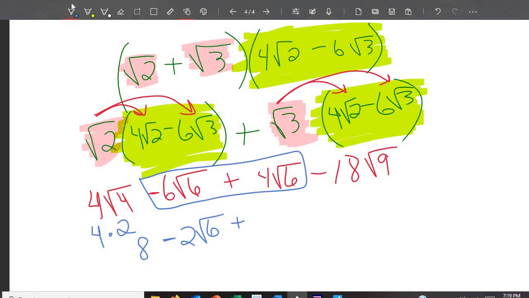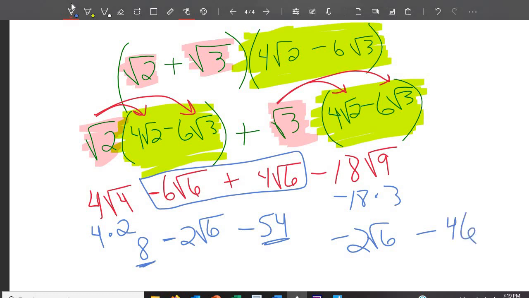This is negative 18 times 3, which is negative 54. Now, I can combine the constants. There's a lot of adding stuff here. Minus 46. This is the answer. All we can do.